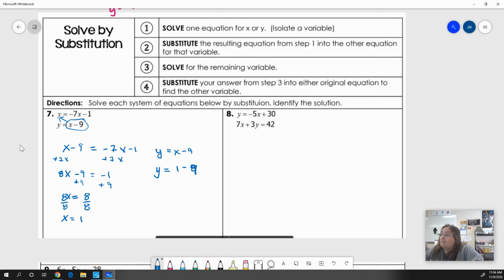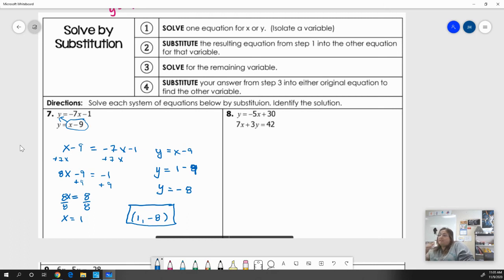Sorry, I was thinking of the answer in my head and wrote 8. 1 minus 9 is just negative 8. So our solution to this problem would be 1, negative 8. It indicates where these two would cross each other on a graph. If I were to graph both of these equations, their intersection would be at the point x equals 1, y equals negative 8.